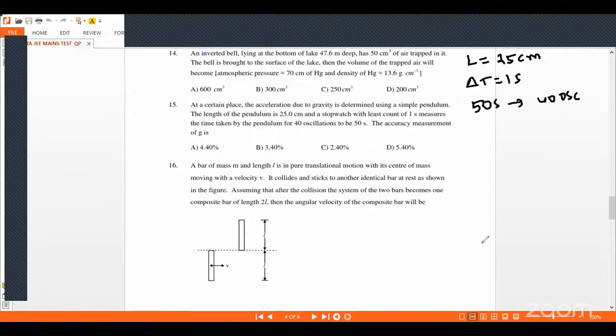We can find the time period. They're asking to find the accuracy of measurement in g, that is, we need to find delta g by g.